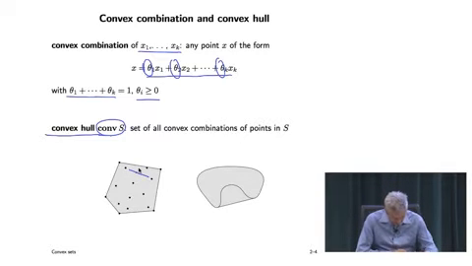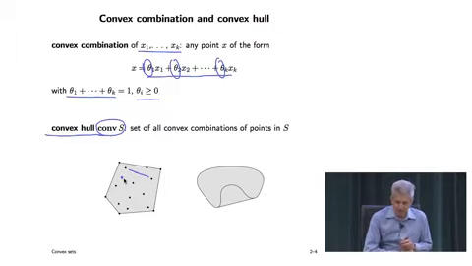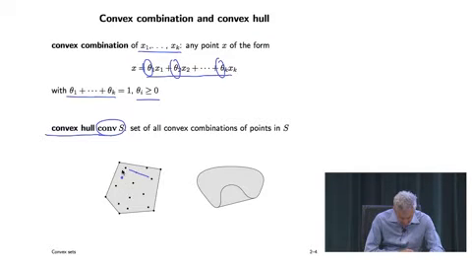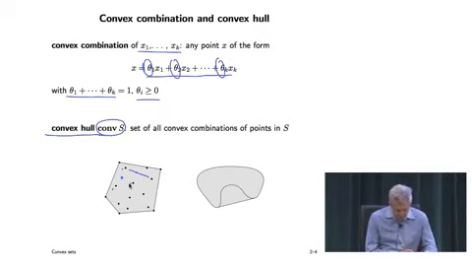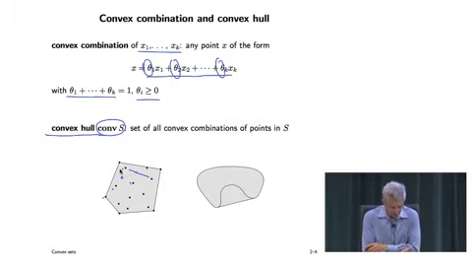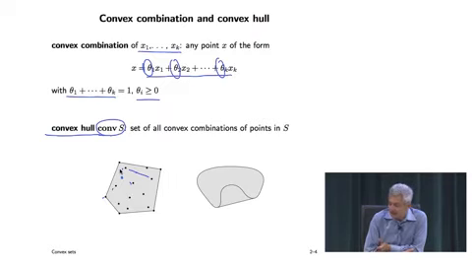If I take a point in there, it might be a convex combination certainly of these 3, but probably of others. It's also a convex combination of this one and this one and this one. So there's no reason to believe that that convex combination is going to be unique. In general, it's not. A point is in the convex hull if it is a convex combination of some points in the set.